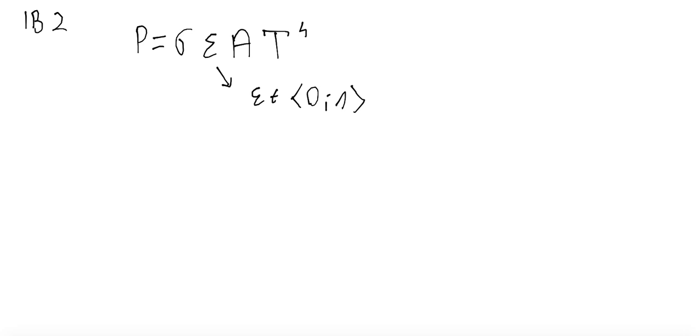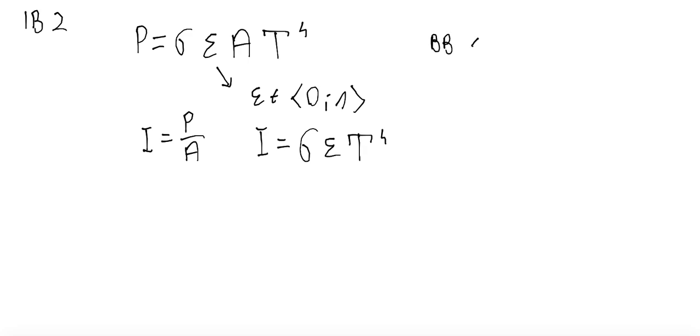Okay, so intensity of radiation is power which is emitted by 1 square meter of area, so we can use the same equation, of course except A. It's a constant times emissivity times temperature to the power of 4. Of course, for a black body, emissivity is equal to 1.